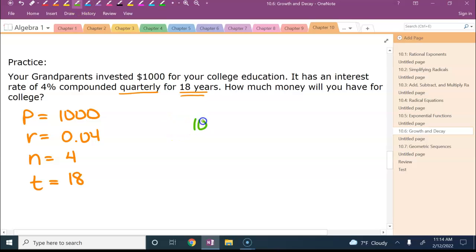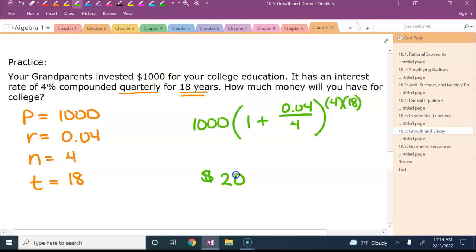So I would have done 1,000, and then in parentheses 1 plus my rate, 0.04, divided by my n, 4, raised to the 4th times 18, that n times t. And so when we do that, we should have gotten $2,047.10.